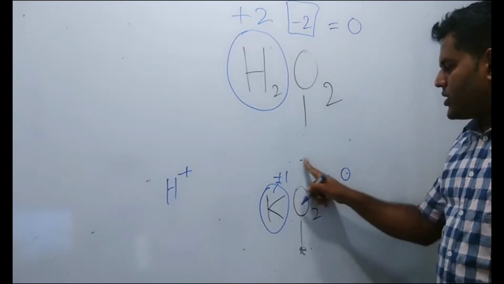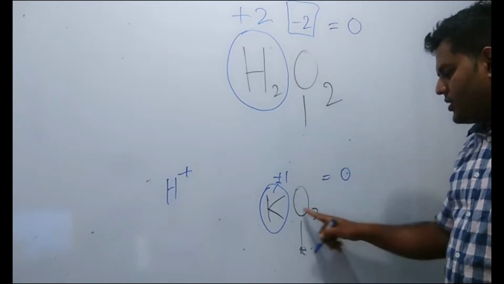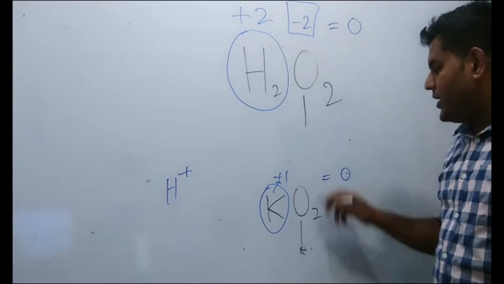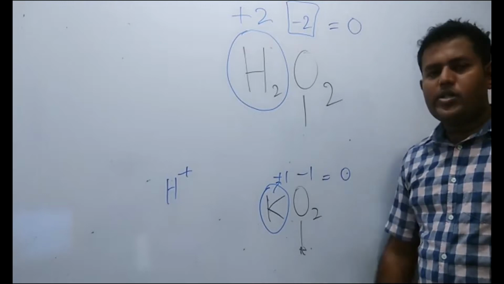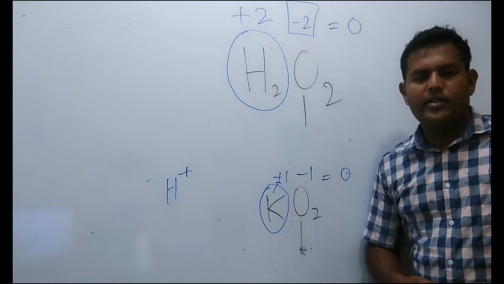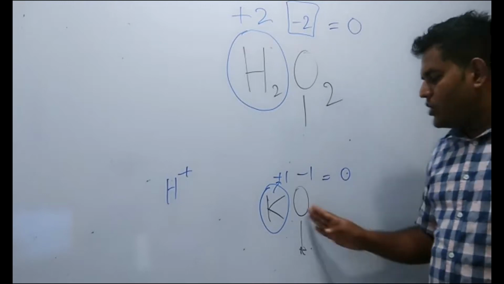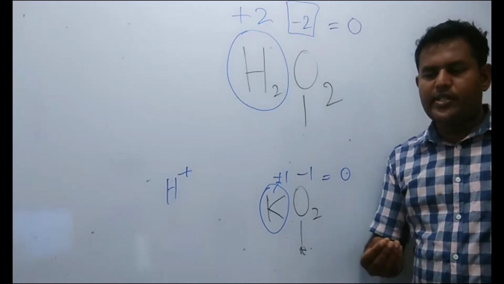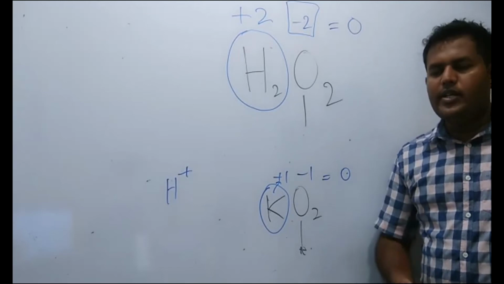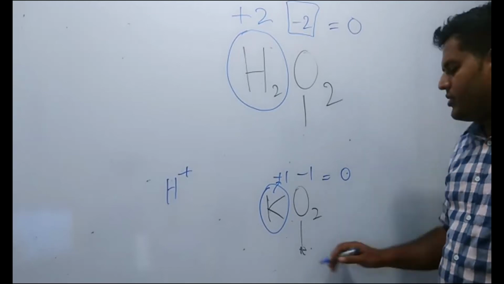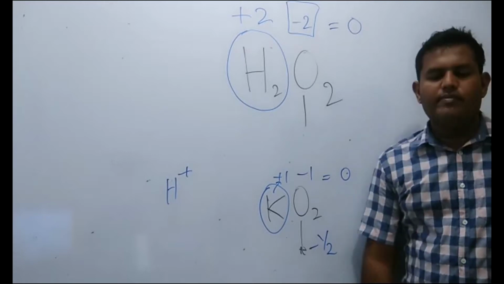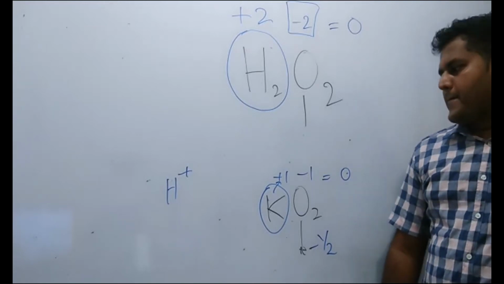Then the two oxygens should have minus one in total, because minus one is shared by the two oxygens. So for one oxygen, it's minus half. That's the point.